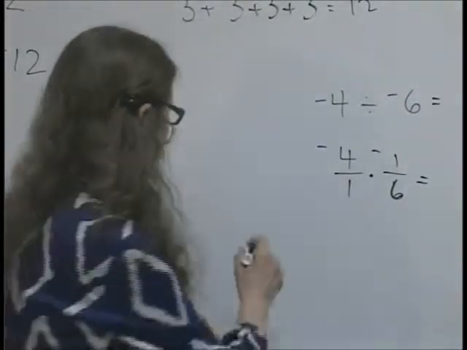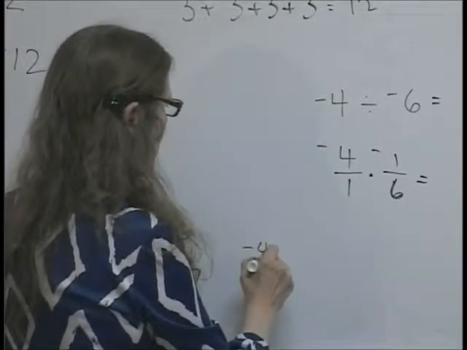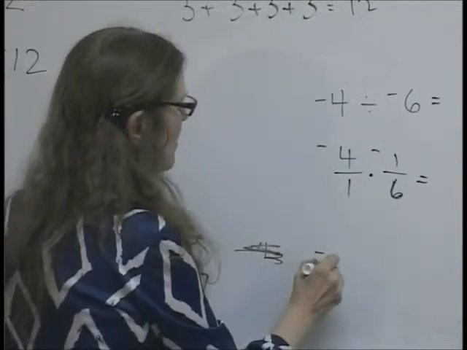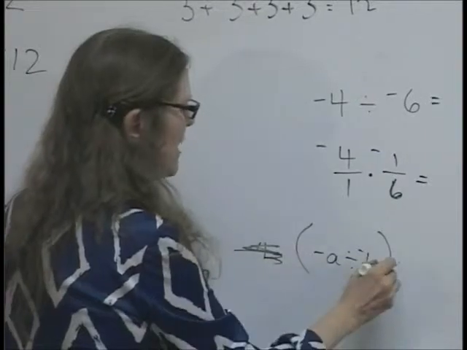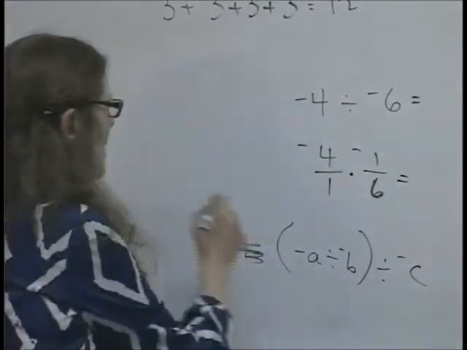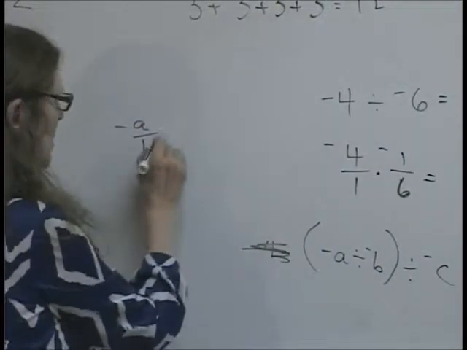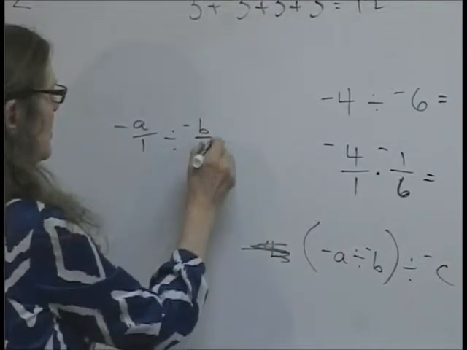If I have, let's say, well, let me do this with letters. Negative a divided by negative b, and then take that whole thing and divide it by negative c. All right, that's negative a over 1 divided by negative b over 1.